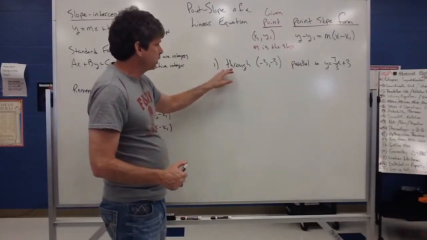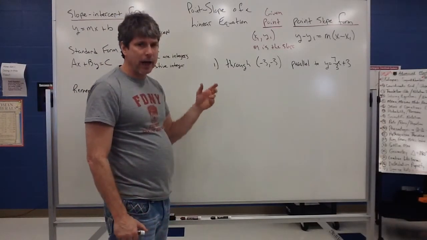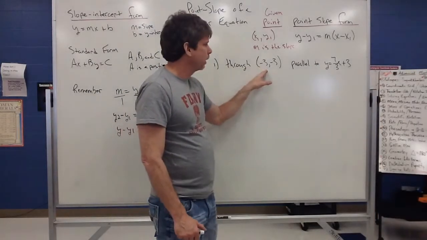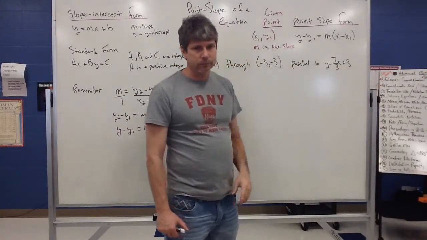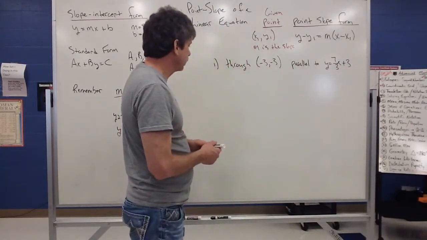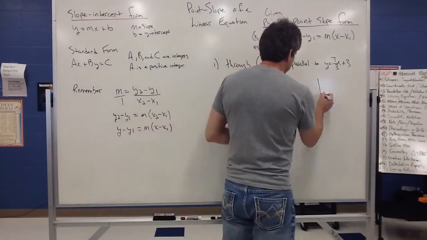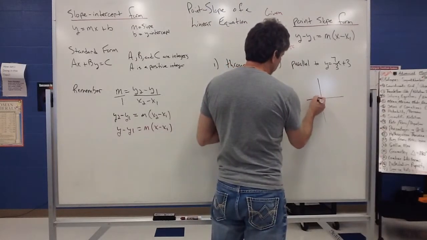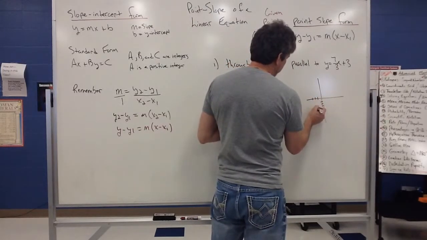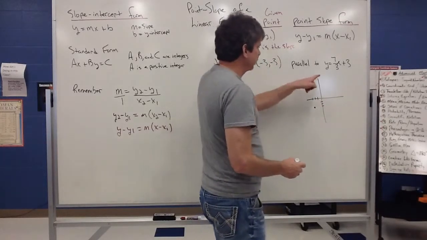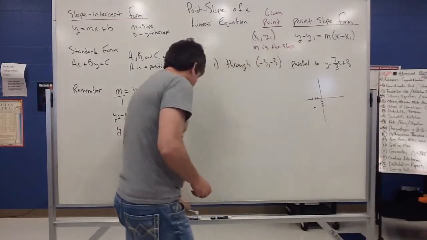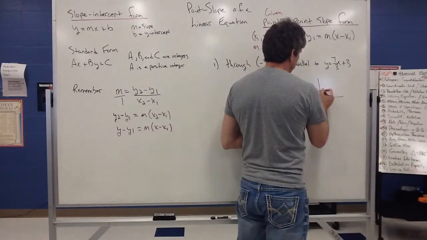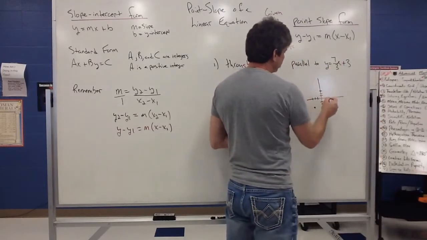So here's going to be our information. We're going to be trying to write a linear equation. The linear equation we want has to pass through this point, and it's got to be parallel to this line. So if I sketch that out a little bit, we know -3 would be about here. We know that the given line has a y-intercept of 3, and it has a slope of 7/3.